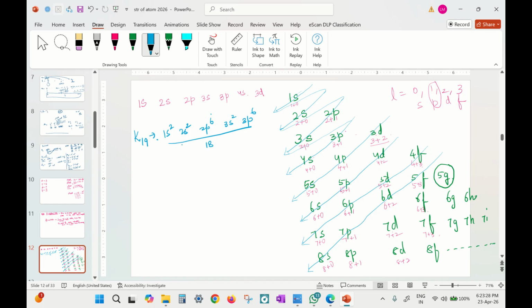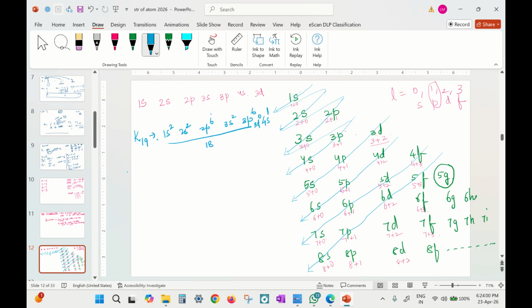After 3p, which orbital receives electrons and how many? It would get only one. Is that fine? And that means the inner 3d remains unoccupied in the third shell.